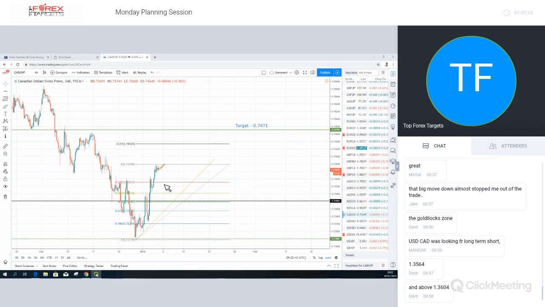If we get this kind of correction into Wednesday and price pulls back to the 618, this would be a nice one because you have the trend line, previous support and resistance broken, and the Fibonacci all in one place. You have 3 pieces of confluence. That's the area I'll start to look for this. But again, I need to see this happen between now and Wednesday, and if we're in this area before Wednesday morning or Wednesday evening, that's when I'll be looking for this.